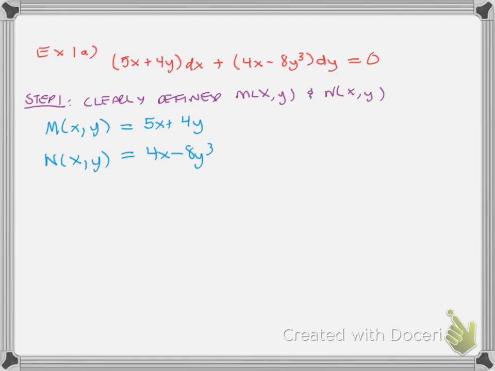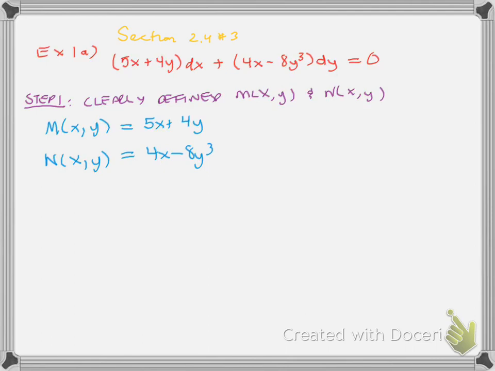Okay, so here we have the equation and it's in your packet. This is from your homework, section 2.4, number 3. It says the expression (5x + 4y) dx + (4x - 8y^3) dy = 0.